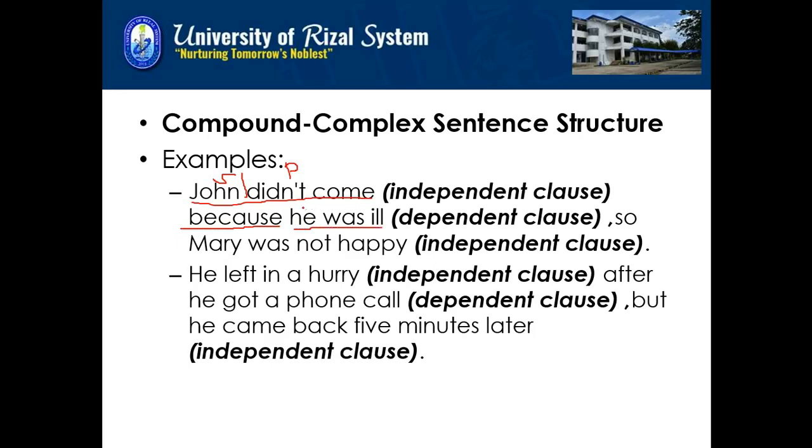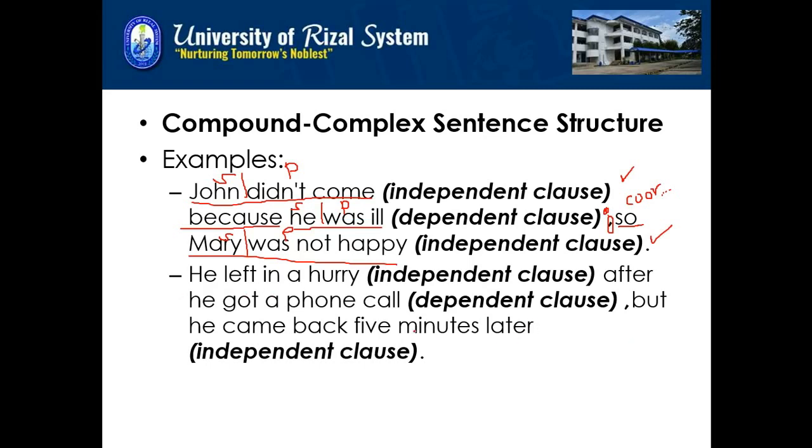After that, we still have a subject-predicate structure and another independent clause. "So" is a coordinator, and after that, we have the subject-predicate structure. Again, we put a comma before these coordinators. Looking at the sentence, we have two independent clauses and one dependent clause. Hence, it is compound-complex.